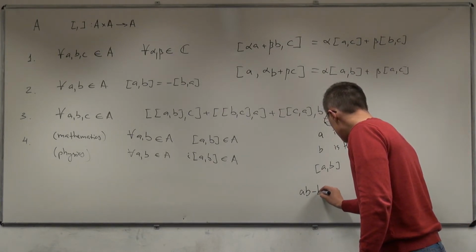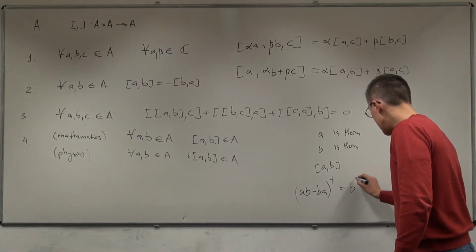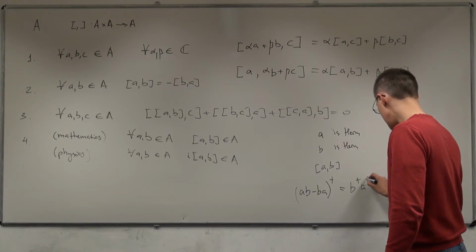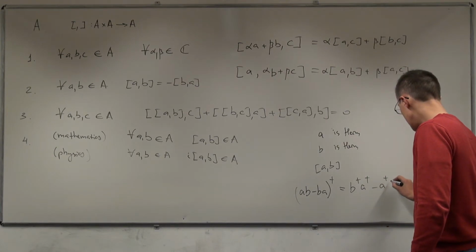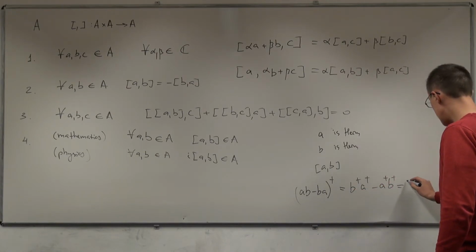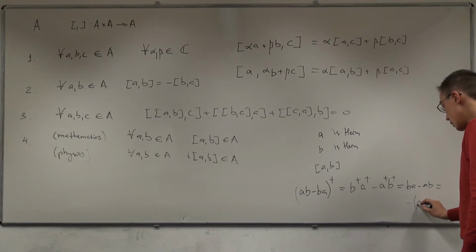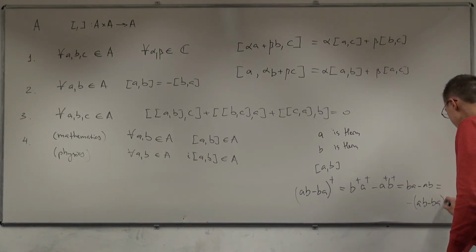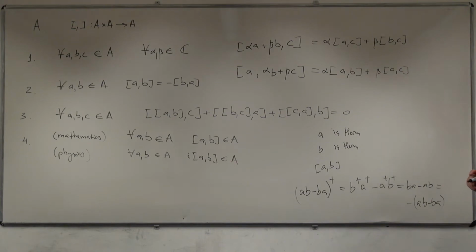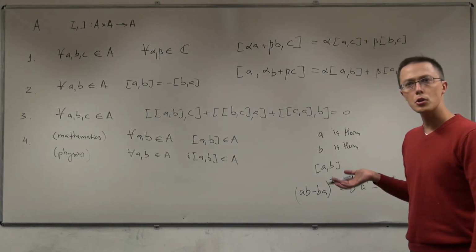AB minus BA is, taking the Hermitian conjugate, B-dagger A-dagger minus A-dagger B-dagger, and if all of them are Hermitian individually, that's BA minus AB, that's minus the commutator. This is rather inconvenient because we'd like our operators to stay in the Hermitian manifold.